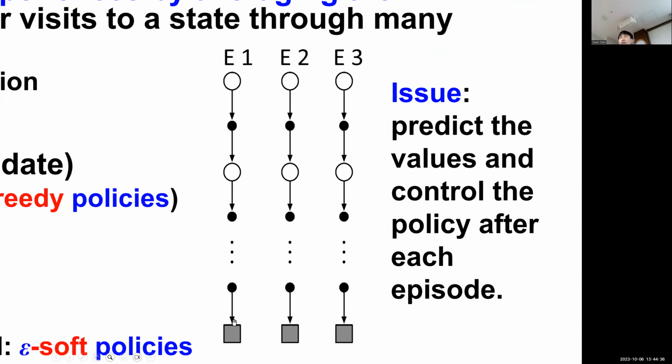If this episode is very long, we need to wait a very long time before we can update those different states. From an efficiency point of view, it's not efficient. The convergence time will be much longer if the trajectory, the sequence of the episode, is very long. So this is the issue of the Monte Carlo method.